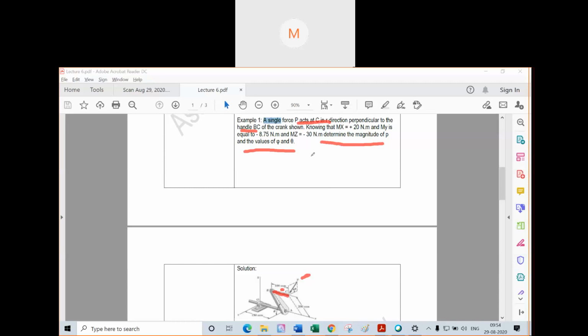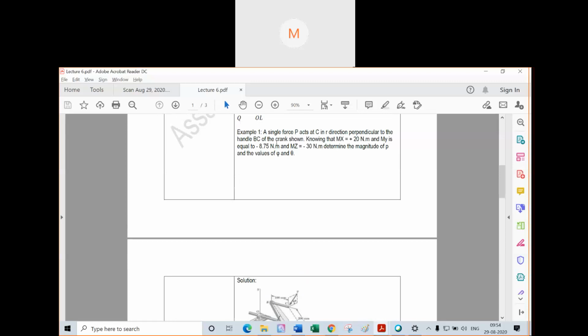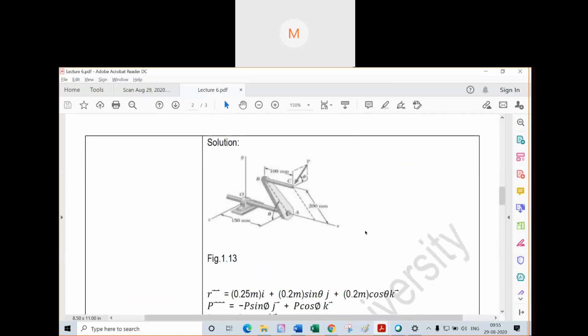I'll just write the question in the chat. Okay, I'm just copying it. And you just draw the diagram. We'll do it in the next class.